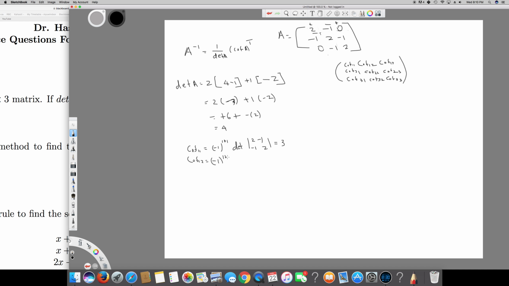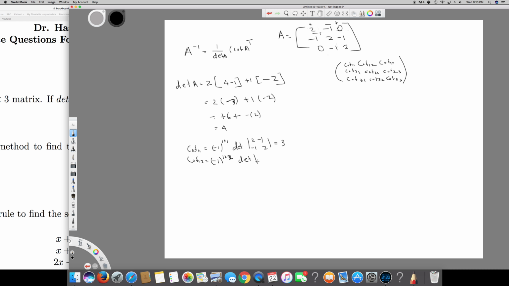So 1 plus 2, determinant of. If you see 1 2, meaning here minus 1, it means minus 1 0, minus 1 2 are left, because whatever is in the same vertical or horizontal line is cancelled.